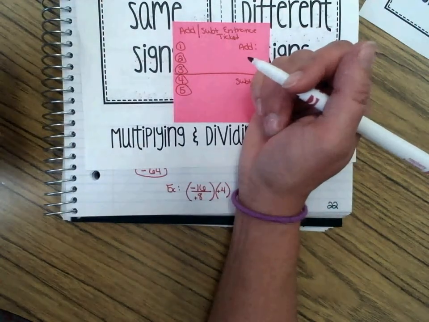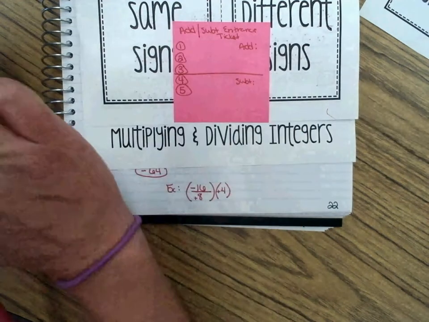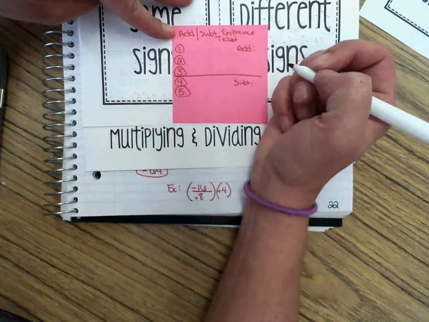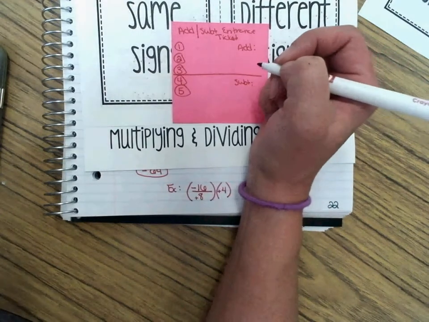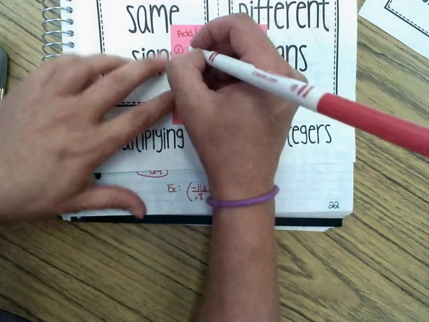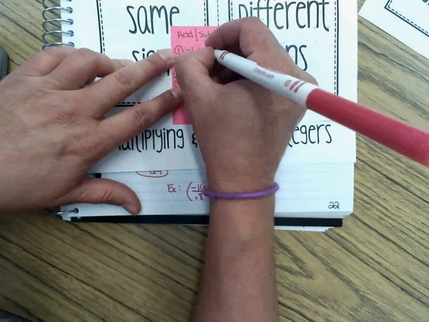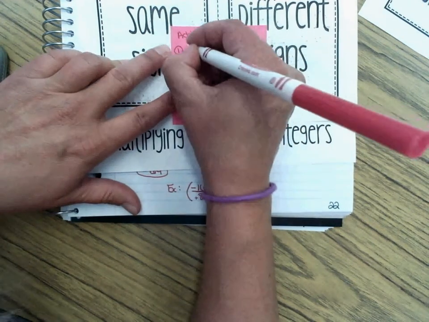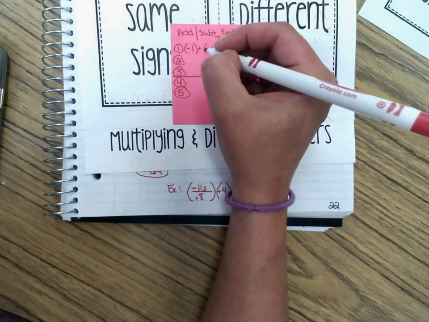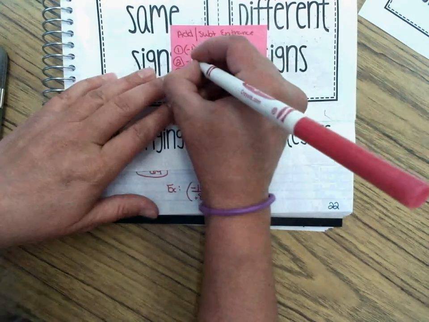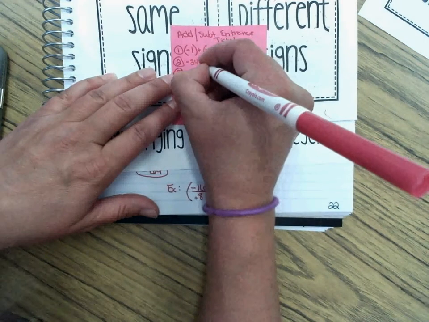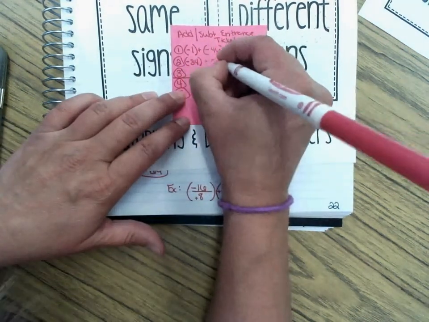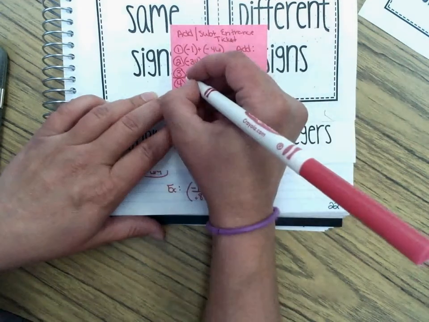Let's see. First one, negative 1 plus a negative 46. Next one, negative 34 plus 50.